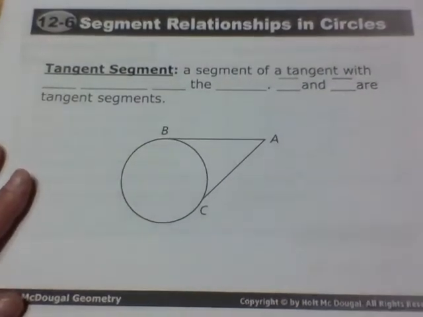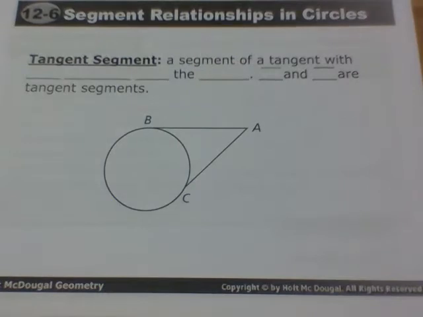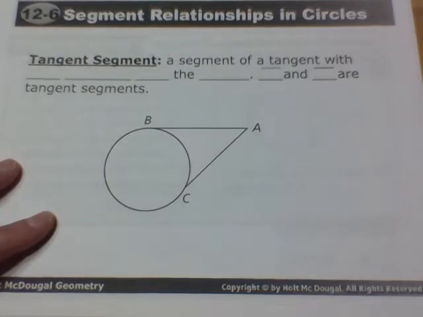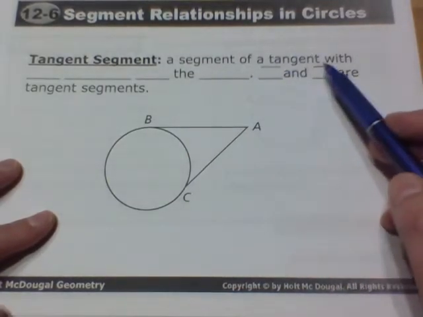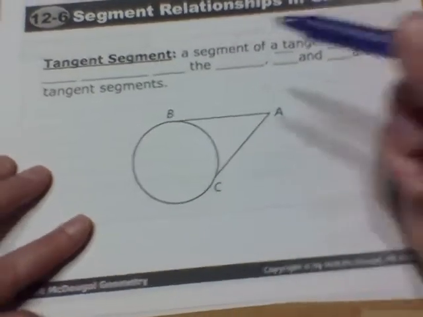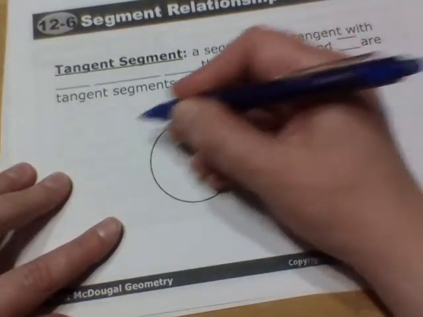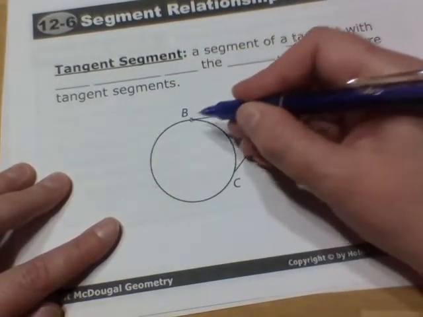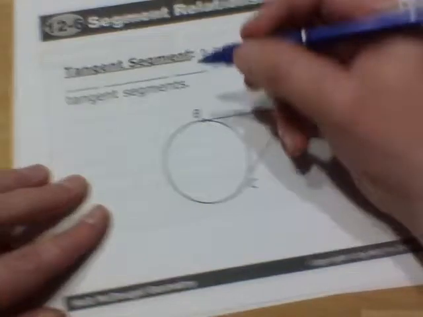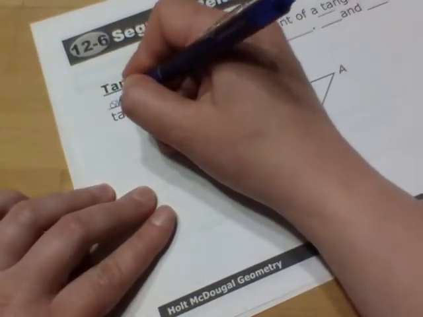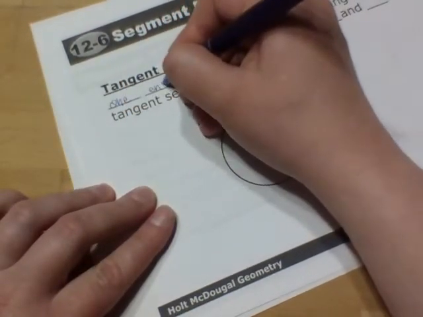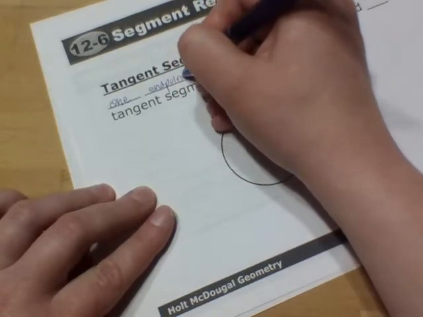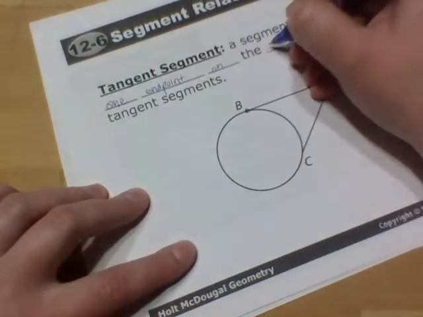The next one is tangent segments. So that's going to mean that it's a tangent potentially, but it's been segmented. So a tangent segment is a segment of a tangent with one endpoint on the circle. So notice this is your tangent potentially, and it just has that one endpoint on the circle.